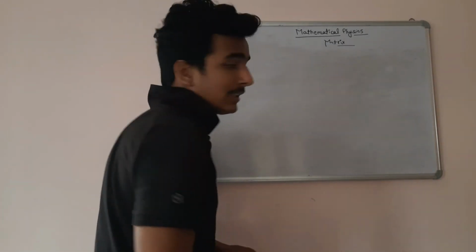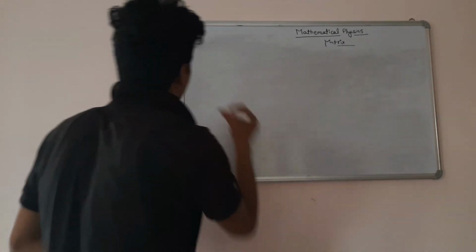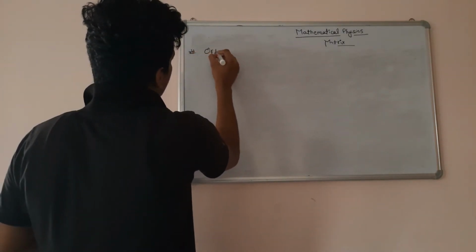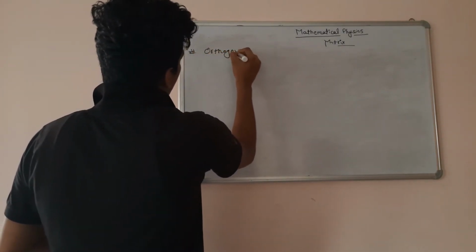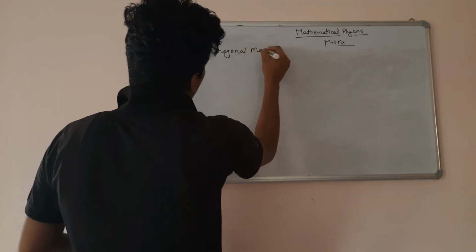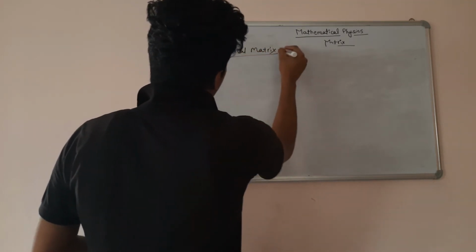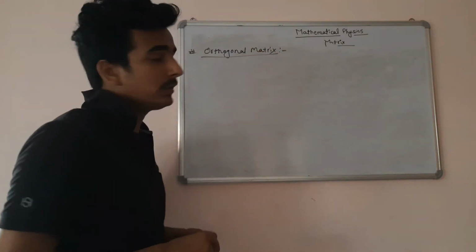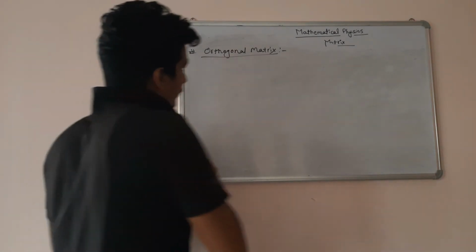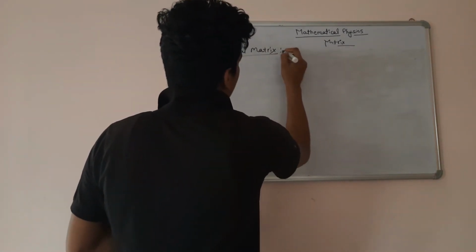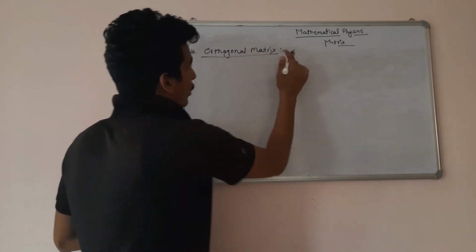So now another type of matrix you have to study is orthogonal matrices. This is also very important. What is the definition of an orthogonal matrix?